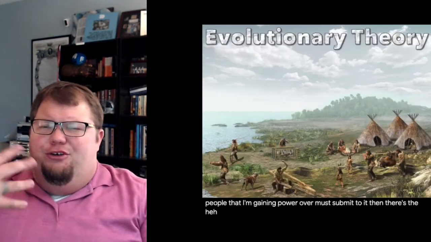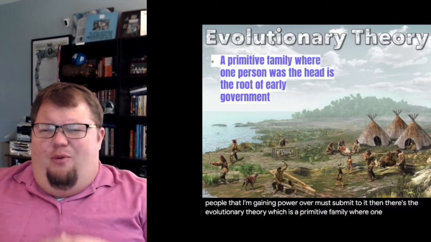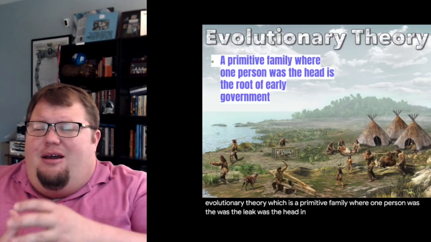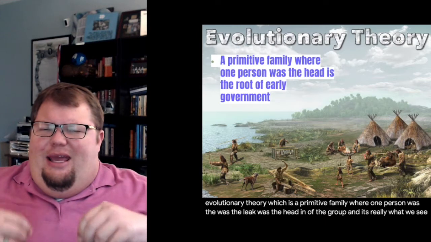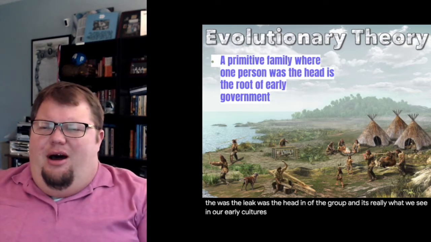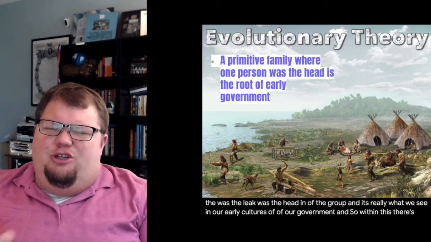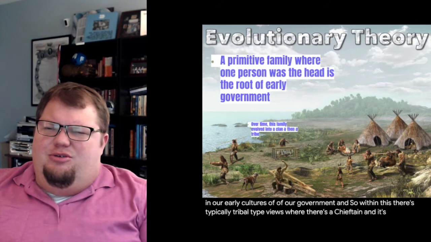Then there's the evolutionary theory, which is a primitive family where one person was the head of the group, and it's really what we see in our early cultures of our government. And so within this, there's typically tribal type views where there's a chieftain and it's inheritable power.